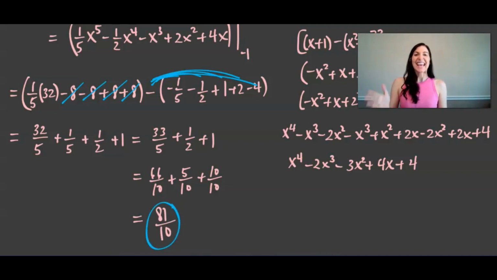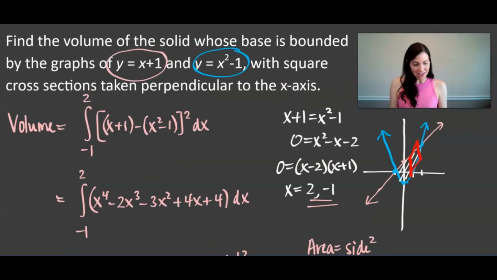And there we have it, 81/10 or 8.1. Again, that is going to be the volume of this solid that has an infinite amount of squares from -1 to +2. And that's it.